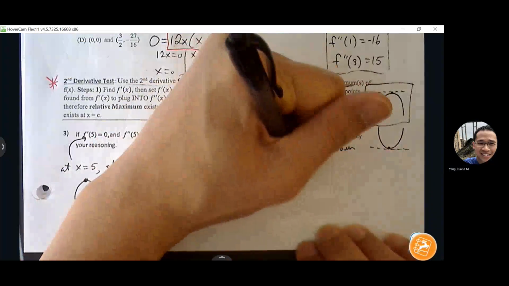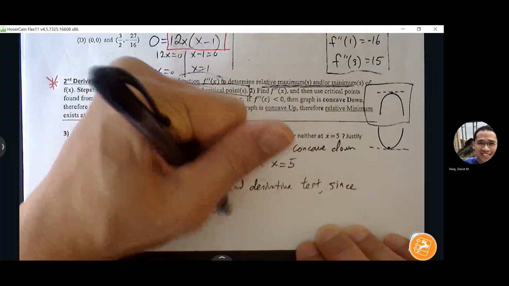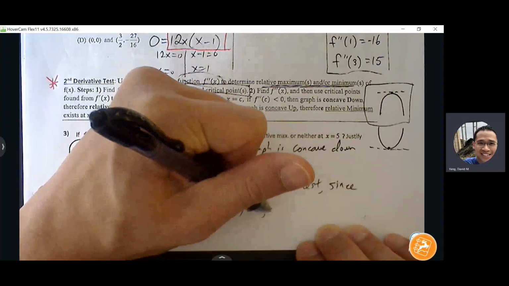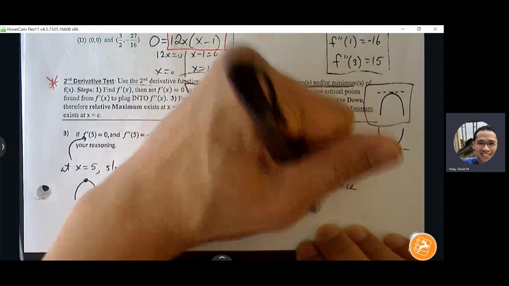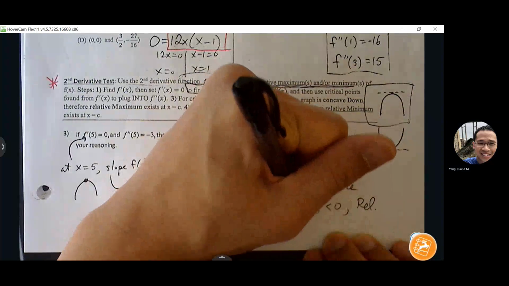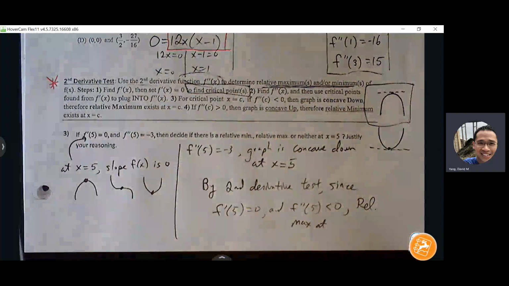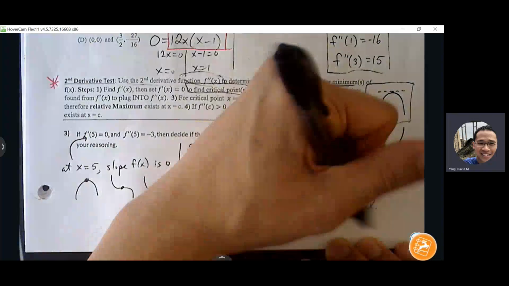the reasoning. So since the slope is 0 and the second derivative is less than 0, there must be a relative max at x equals 5.